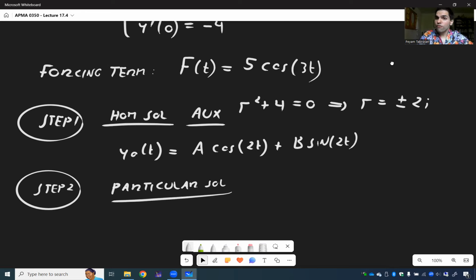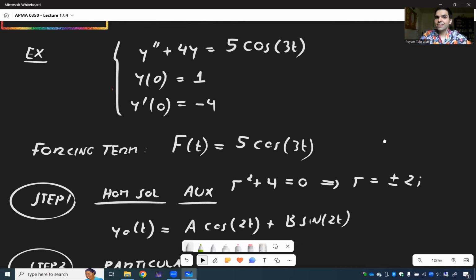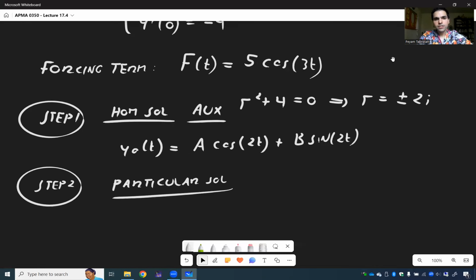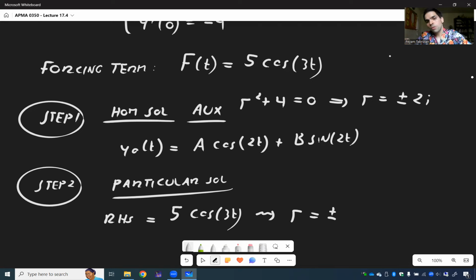Remember, we first need to check for resonance, which will be extremely important here, you will see. So the right-hand side is 5 cosine of 3t. Which root would give you 5 cosine of 3t? I think a cosine of 3t would be r is plus or minus 3i.